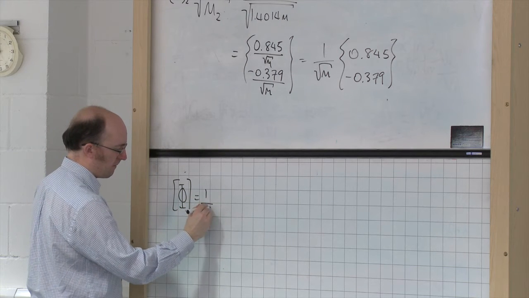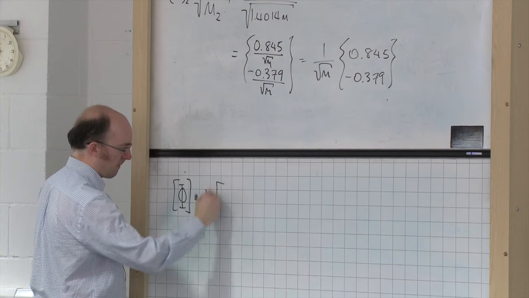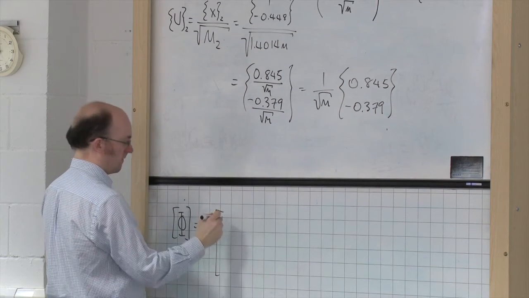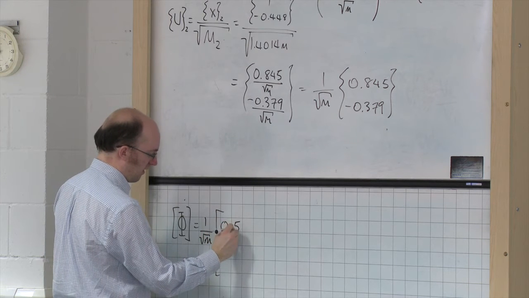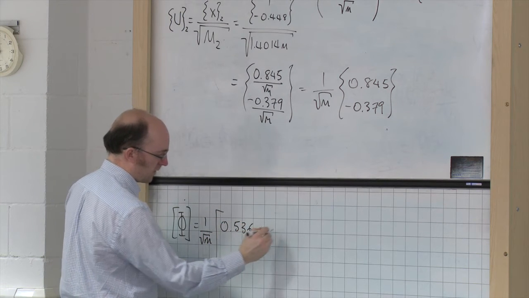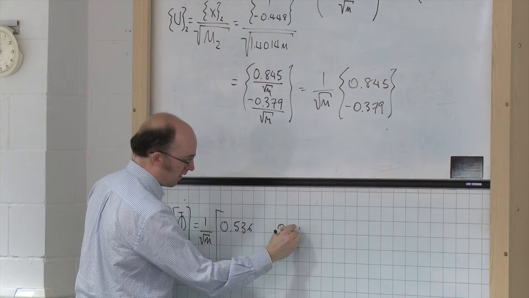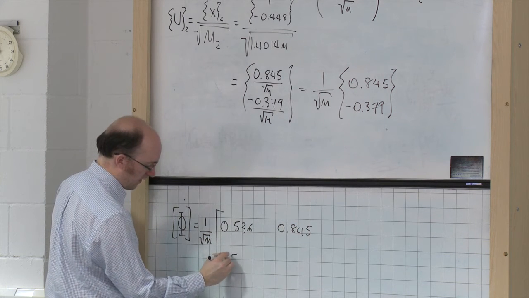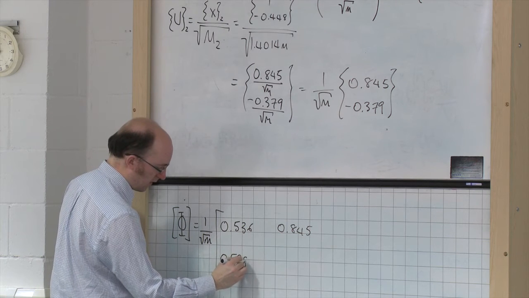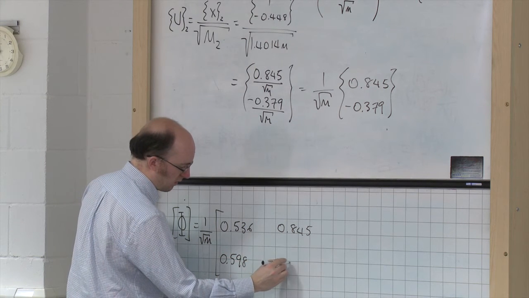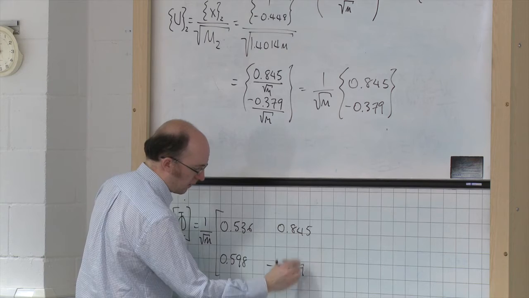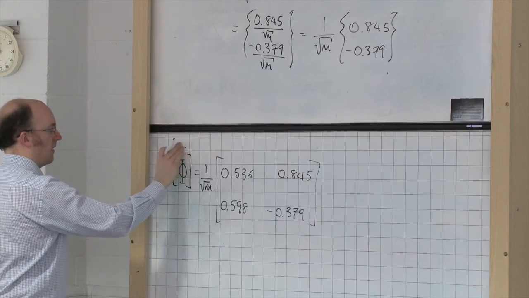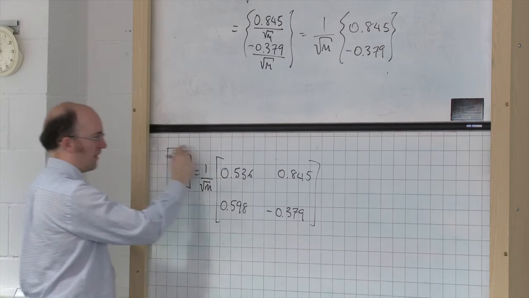One over root m, 0.536, 0.845, 0.598, minus 0.379. There's our modal matrix. Okay, that's our key to unlocking this process.